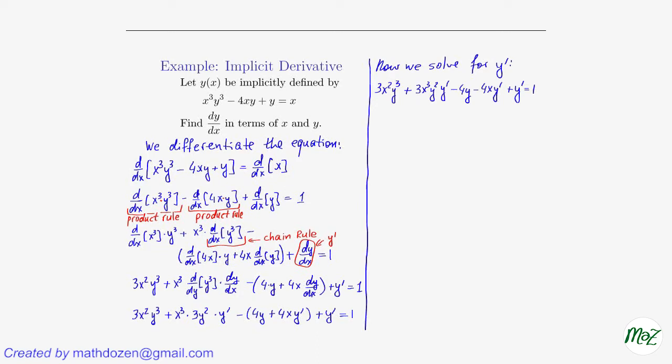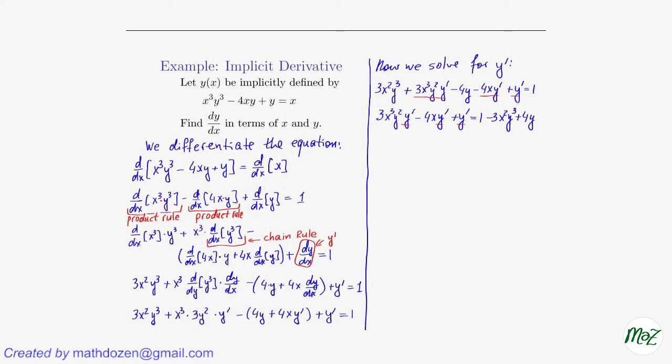So we have a look at this equation that we got, and notice that there are only three terms that have y prime, so move the other two terms to the other side to get 3x cubed y squared times y prime minus 4x y prime plus y prime is equal to 1 minus 3x squared y cubed plus 4y.